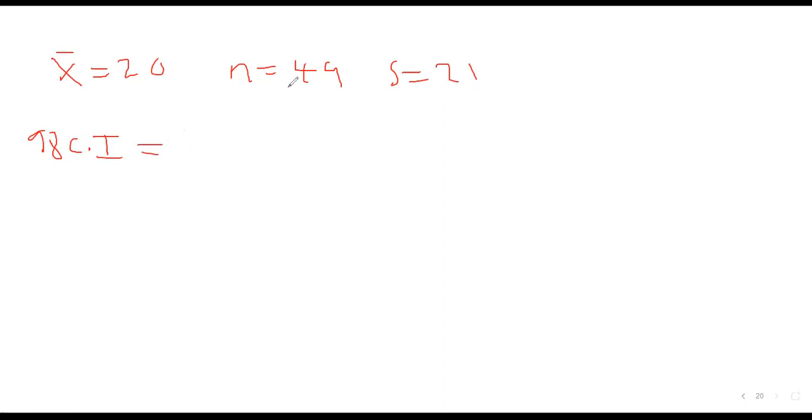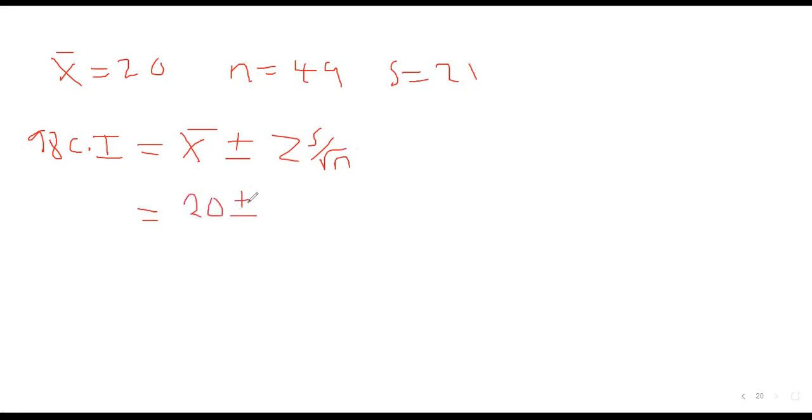It's going to be the mean plus or minus Z times standard deviation divided by the square root of n. So the mean is 20, correct. Plus or minus.